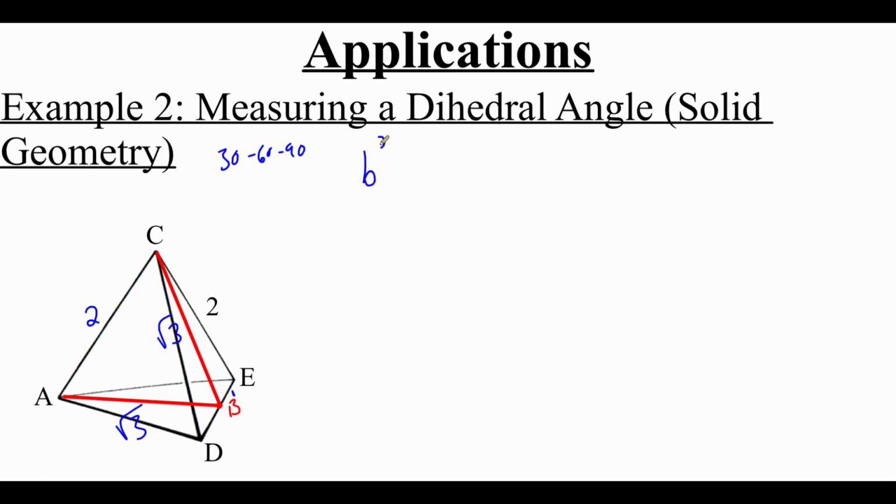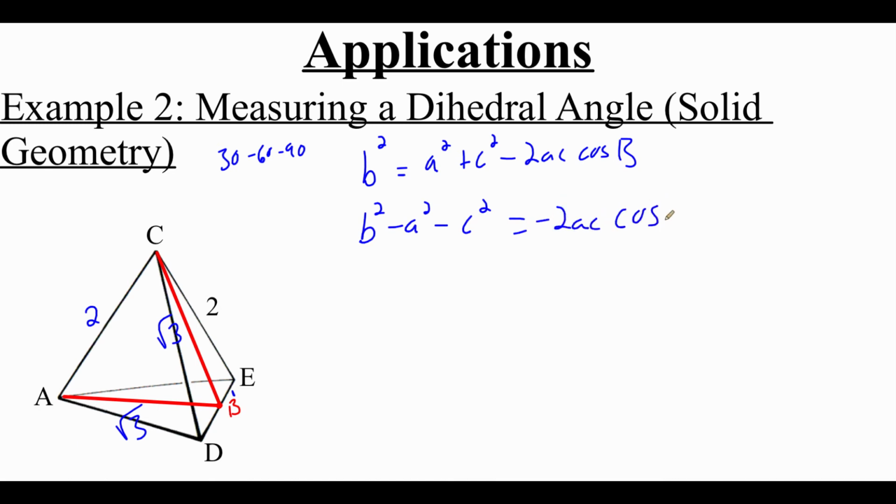So that's going to be B squared equals A squared plus C squared minus 2AC times the cosine of angle B. And we're trying to solve for B, so I'm going to take this A squared and C squared and subtract them over to the other side. So this will say B squared minus A squared minus C squared equals negative 2AC times the cosine of angle B. And then I'm going to divide that negative 2AC over to the other side.